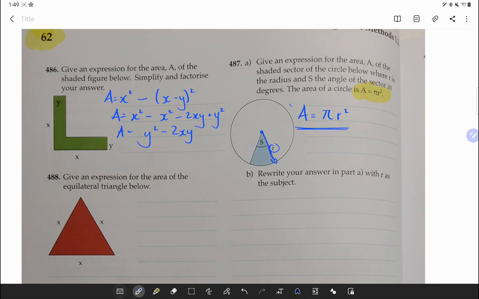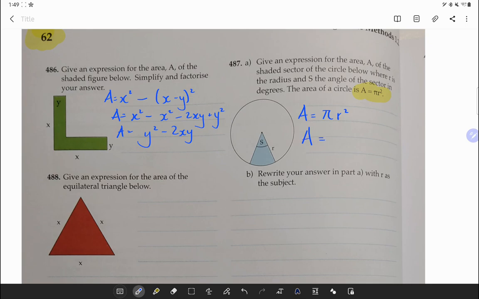So this formula gives us the entire circle, but we don't want the entire circle. We only want that little segment there, that sector. Here, we don't even know what that angle is. We just know it's s. Here's how I would do it.